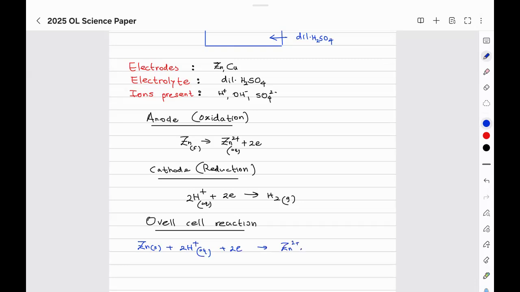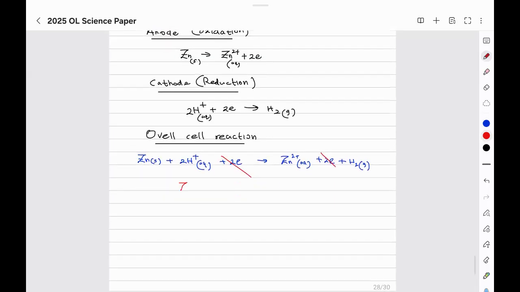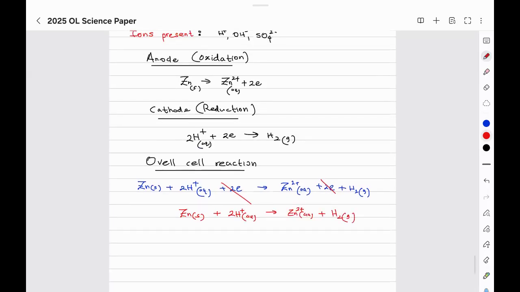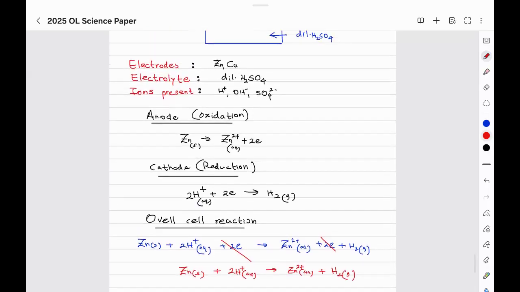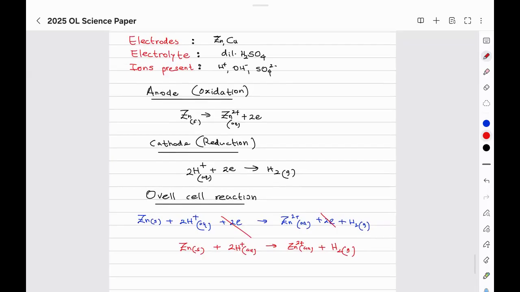Zinc 2 plus aqueous, 2 electrons, and H2 gas. So here 2 electrons will cancel off. And then zinc solid, 2H plus, H2 gas. This is the overall reaction. Right? Electrons and electrons will cancel off. See. Okay. Is it clear?